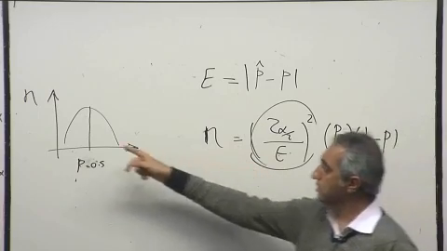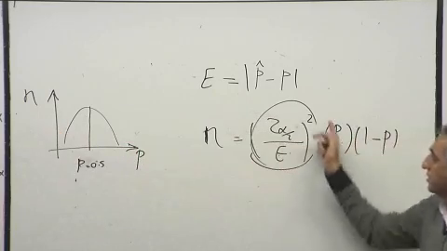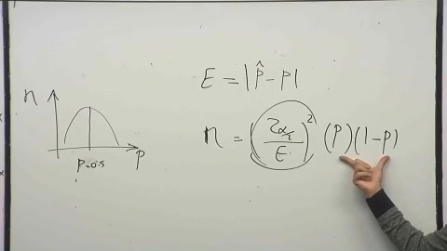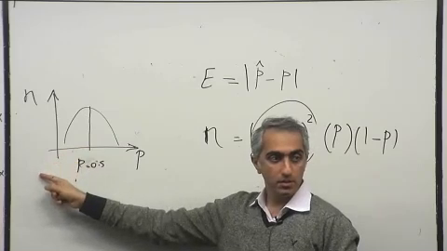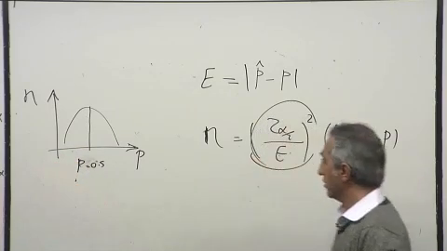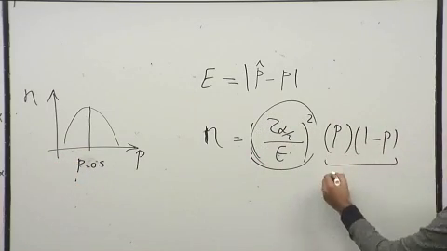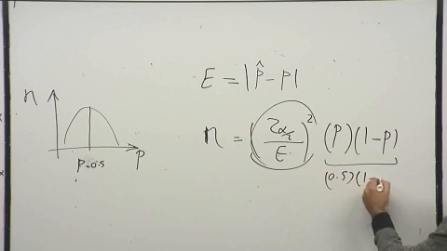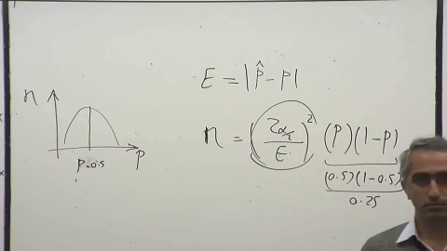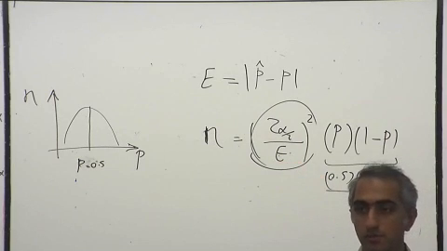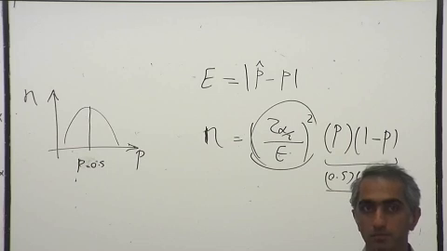So I'm plotting n as a function of P. This is constant, and this is a quadratic function, which is in this form. The maximum happens at 0.5. If P is 0.5, it's 0.5 times 1 minus 0.5, which is 0.25. And that's what you get. Any questions? We good?